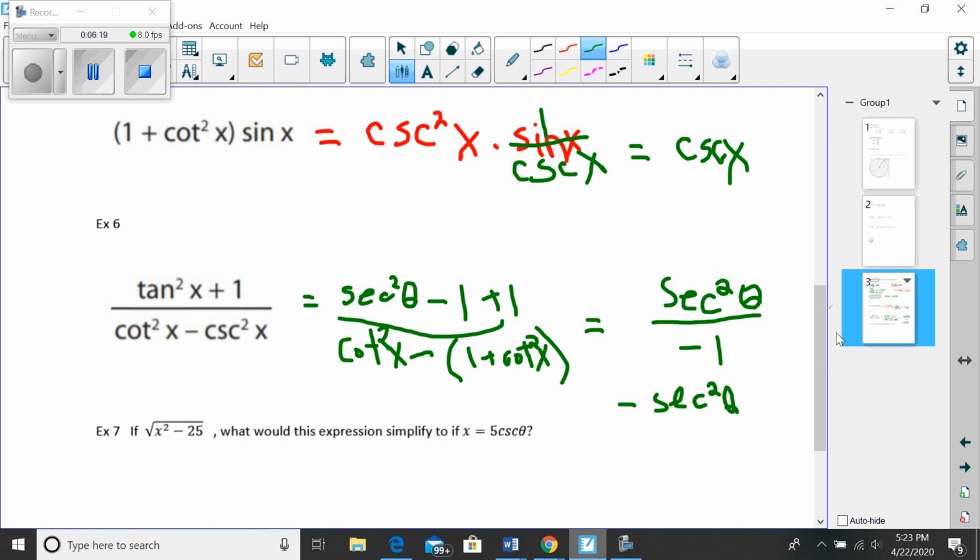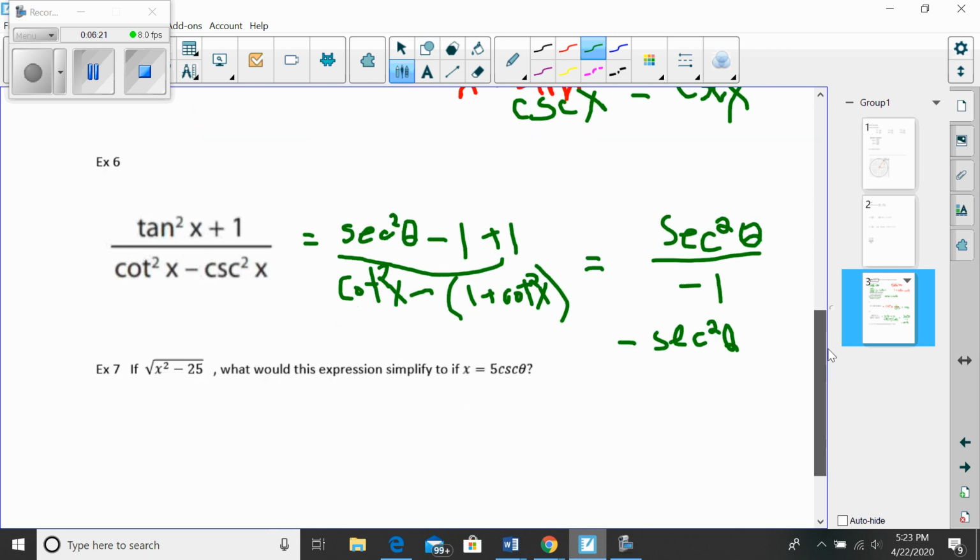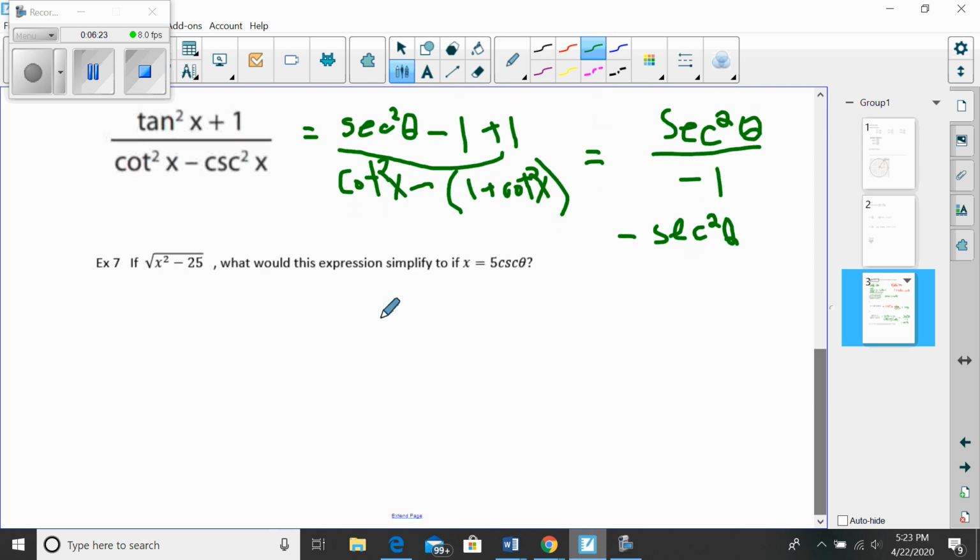Okay, so next example. If I had that radical expression and I wanted to replace x with 5 cosecant theta, if I were to square 5 cosecant theta, I would get this, 25 cosecant squared theta.